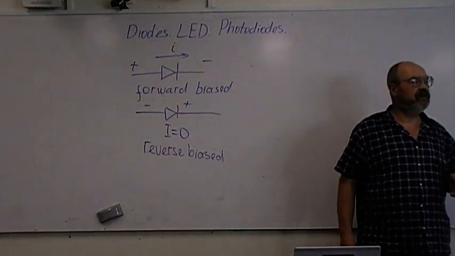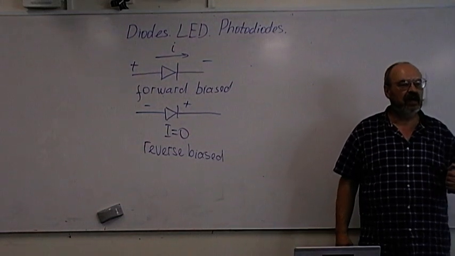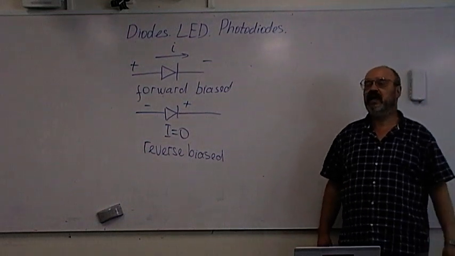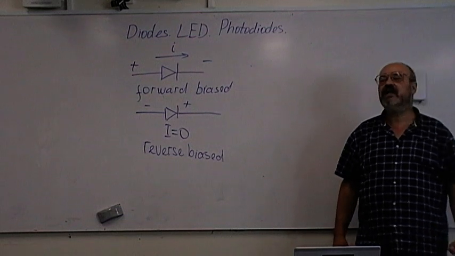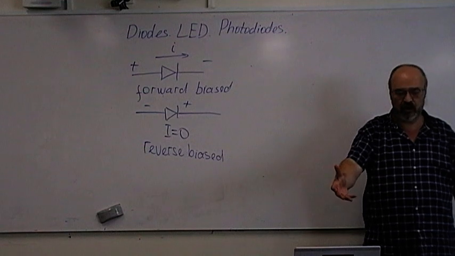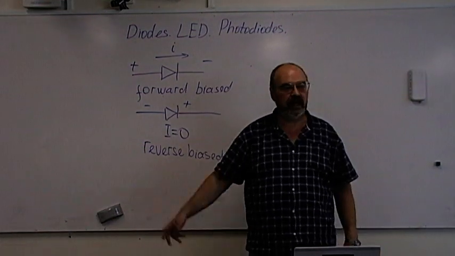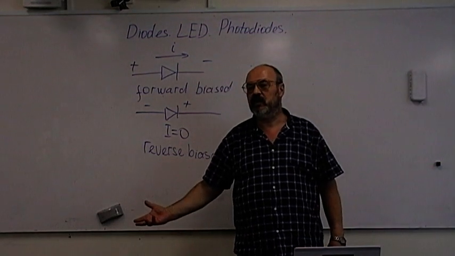The main area where diodes are used is to make DC current from AC. For example, you connect your charger to charge your laptop or mobile phone to the power point. What type of current do we have in the power point?